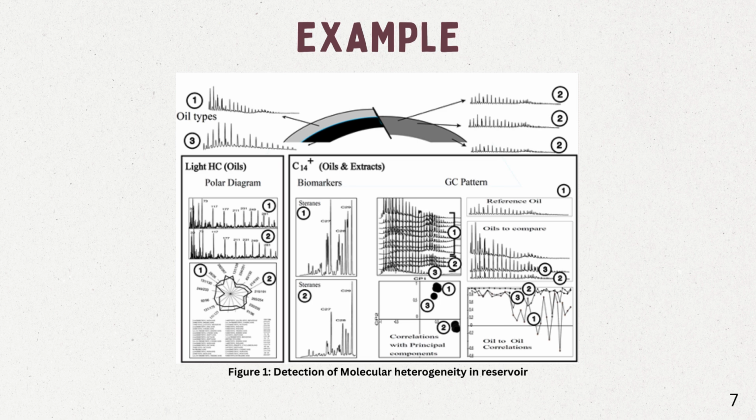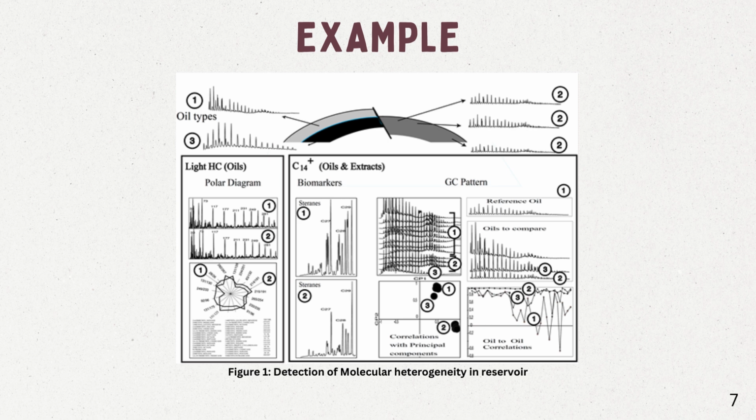Basically, this picture shows that the difference in fluid compositions is detected with the help of data managing techniques, which use visual representations, such as this star diagram you can see here, and GCMS fingerprinting. You can see this one, or else.